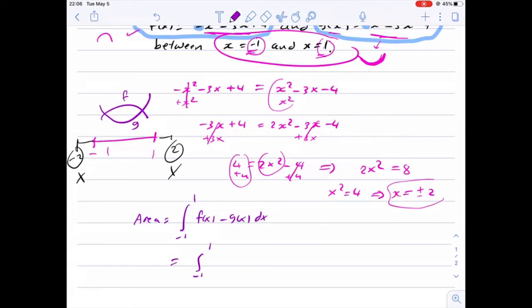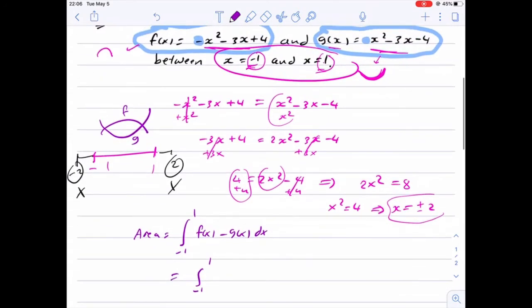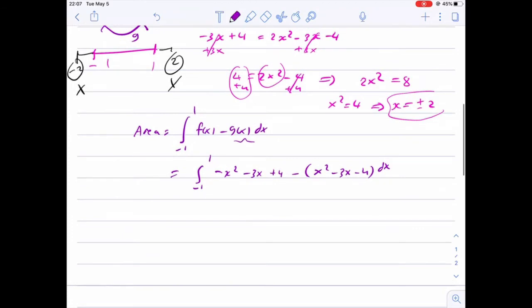Now this is negative 1 to 1. f of x equals negative x squared minus 3x plus 4 minus g of x. g of x is x squared minus 3x minus 4 dx. And then we simplify the integrand, I mean this function.